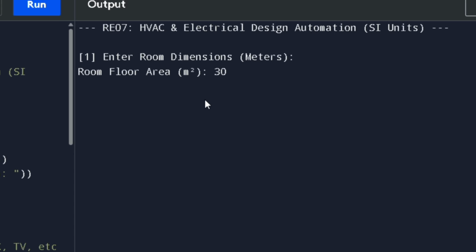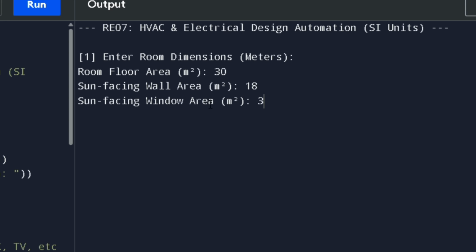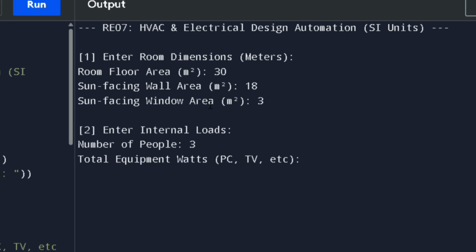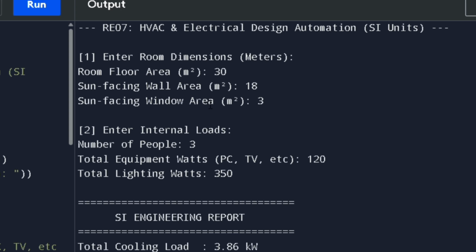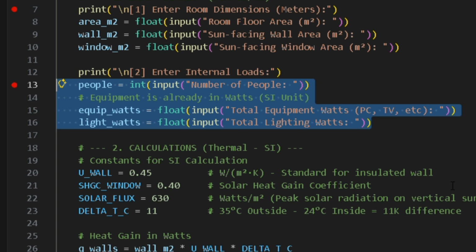Each person contributes both sensible and latent heat. Computers, televisions, and lighting convert nearly all electrical power into heat. These values are essential to accurately estimate internal heat gain. We use int for the number of people, because people are counted as whole numbers. Equipment and lighting are entered as watts, which is already an SI unit.